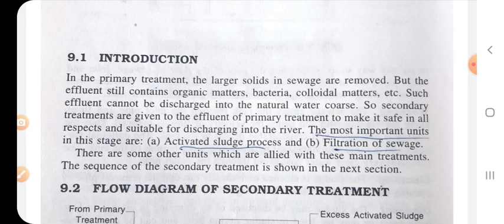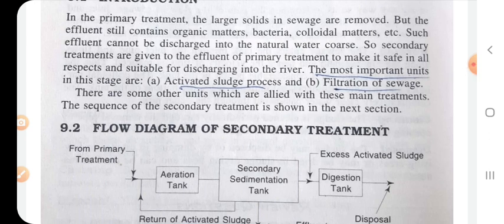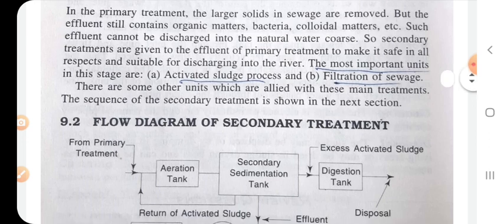Such effluent cannot be discharged into a natural watercourse. So secondary treatment is given to the effluent of primary treatment to make it safe in all respects, suitable for discharging into a river. The most important units in this stage are activated sludge and filtration of sludge.